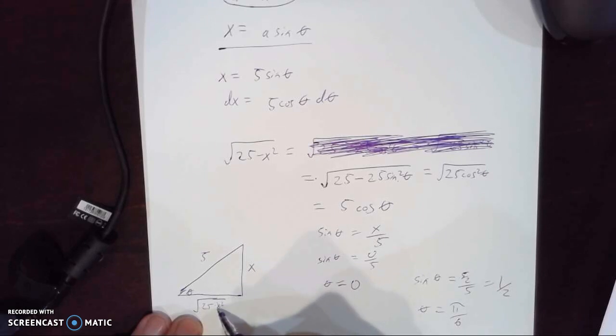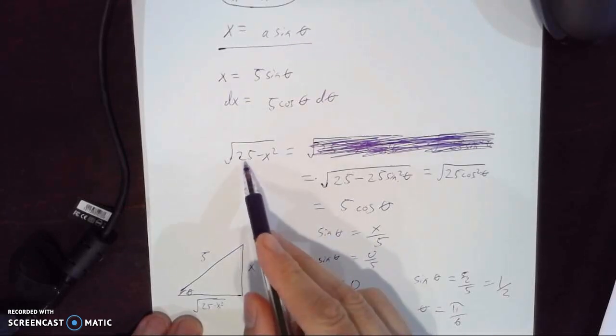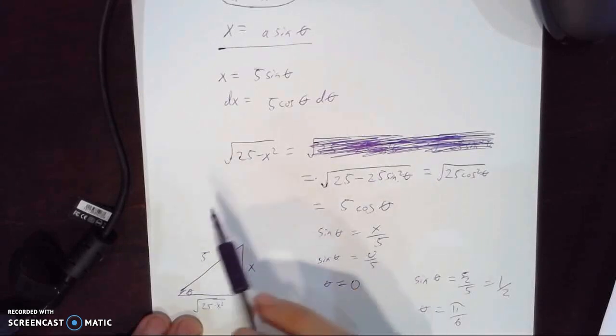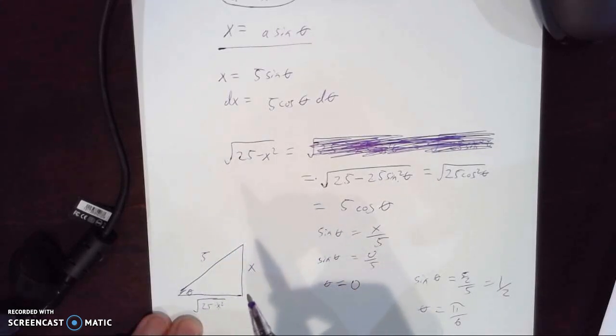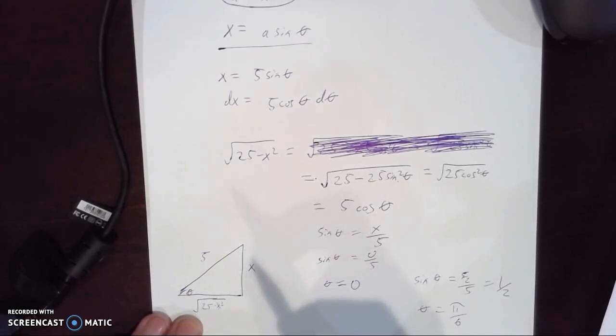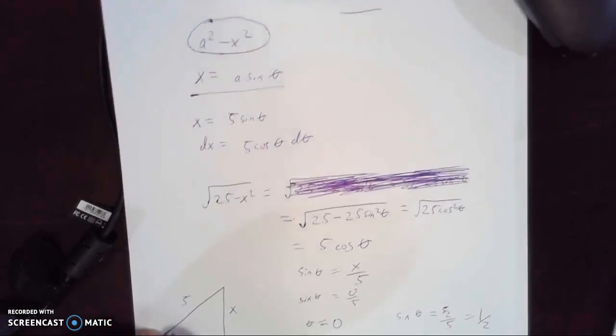And then we could figure out the other little side in our triangle. It's the square root of 25 minus x squared. Oh, that was actually the original thing that we had in our substitution here. So that becomes more interesting on some of the other problems. We'll see that we draw this triangle in every one. We didn't really need it on this problem. But on we go.